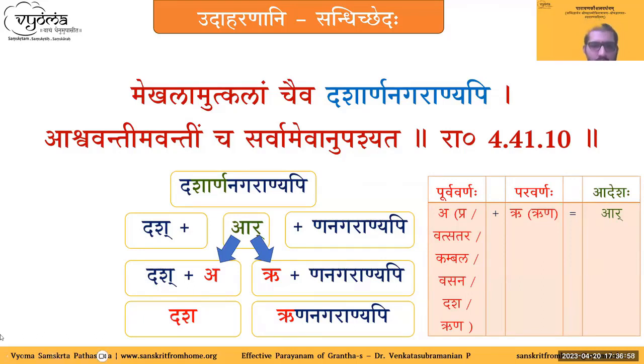So this is also Vriddhisandhi. Again, this is a specific case. The Paravarna, that is the right hand side word, should be Rina only, and the left hand side word should be one among these words: Pra, Vatsatara, Kambala, Dasha, Vasana, Rina.